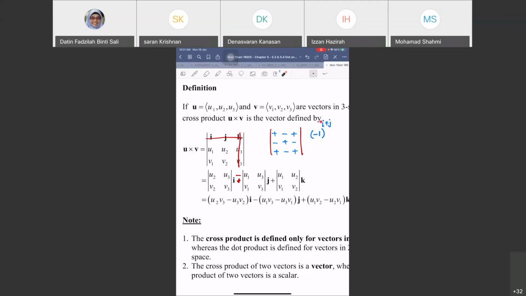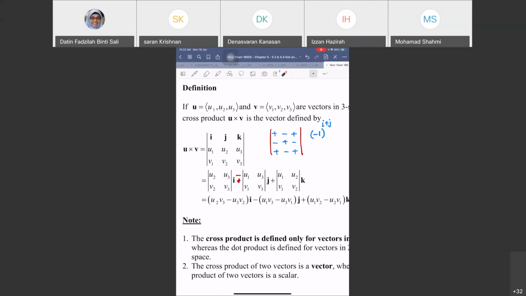The power is odd, so -1 to the power 3 is a minus. Basically you have the signs plus, minus, plus accordingly, so you have positive i, minus j, plus k. It's a similar concept to the determinant last time. This is how we find the cross product from components.